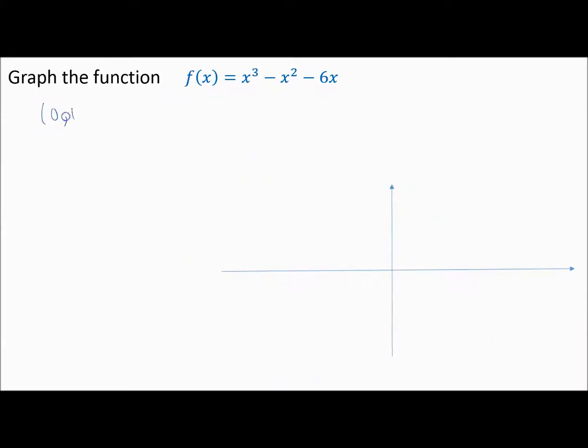So we want to plot those points. And this was also the y-intercept. Now notice I didn't put a scale on here because the y-scale, we just don't know what we're going to be dealing with. So let's do an x scale for now. So I'm going to 5 in each direction.